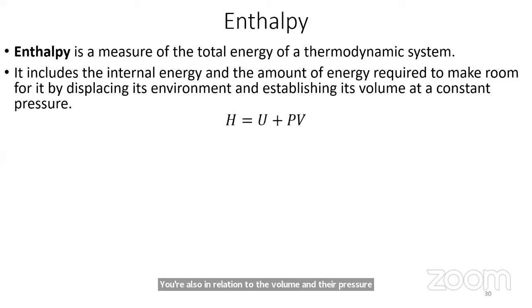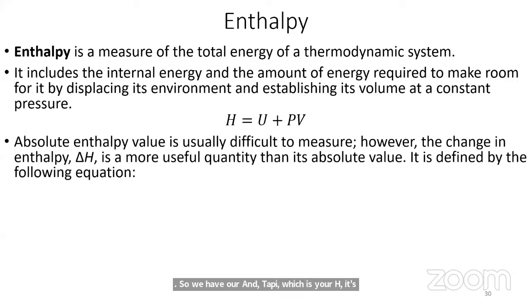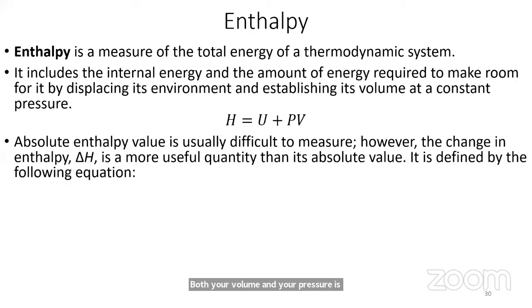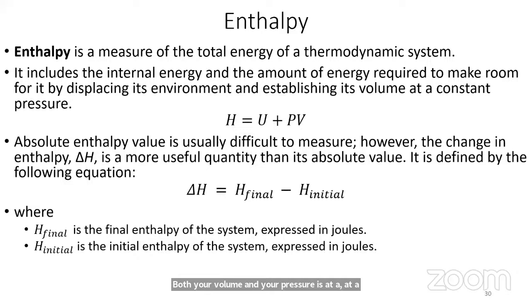So we have our entropy, which is your H, equals U, the internal energy, in relation to your volume and the constant pressure. Both your volume and your pressure are constant. Just like internal energy is difficult to measure, absolute entropy is also difficult to measure.